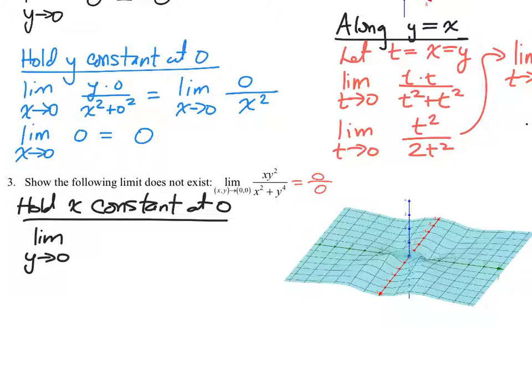I'm going to replace all my x's with 0. And that's going to 0 out the top and leave me with just a y to the 4th on the bottom, which simplifies. I'm not even applying the limit. All right, we simplify this. 0 divided by anything is going to be equal to 0. So the limit as y approaches 0 of that constant 0 would result in a 0.